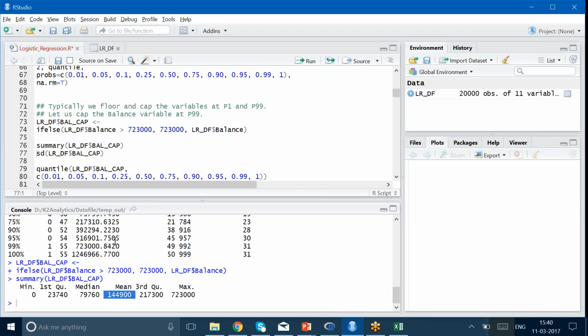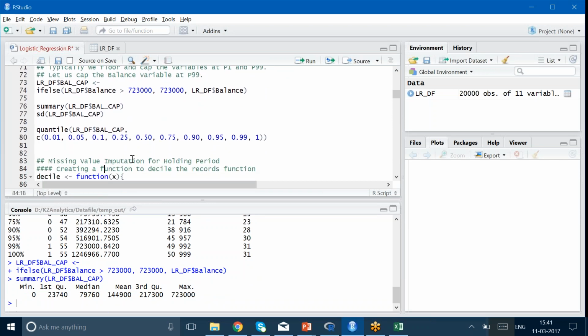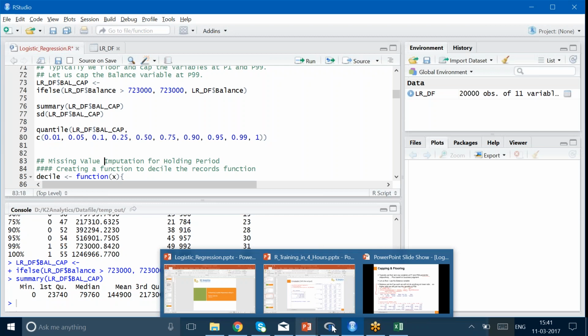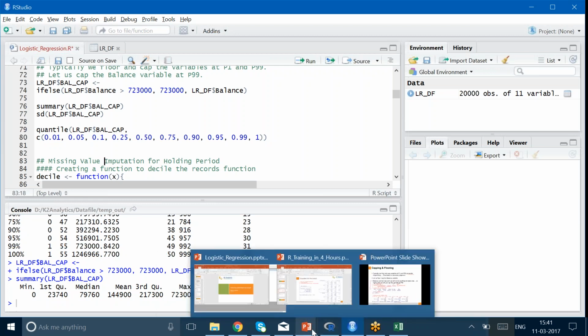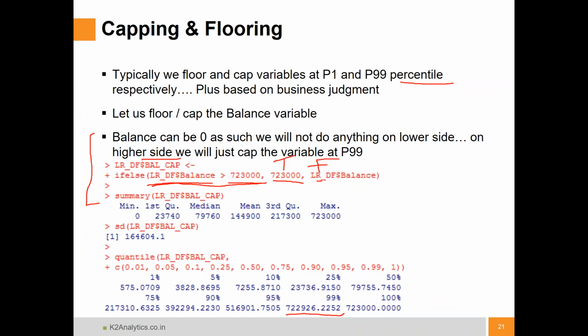Mean is 1,44,000. I can see the quantile distribution again, but that's not required much. So this is the first step: capping, flooring, identification of outliers.